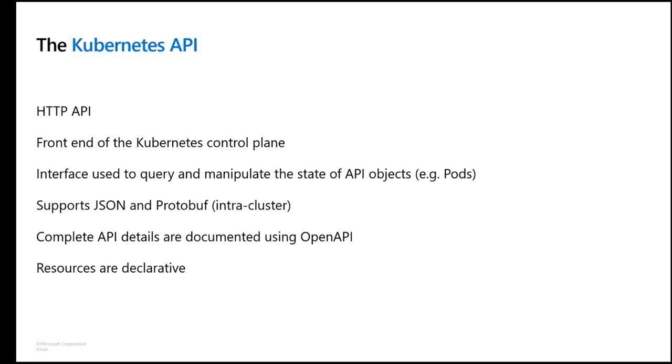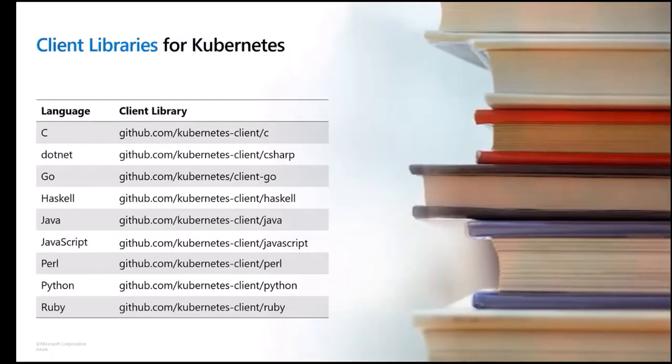In Kubernetes, all it means is the state has been stored. So if we create a pod, if we create a container inside Kubernetes using the API, it doesn't necessarily mean that it's running. It just means the state has been stored. And we'll see an example of this in a little minute.